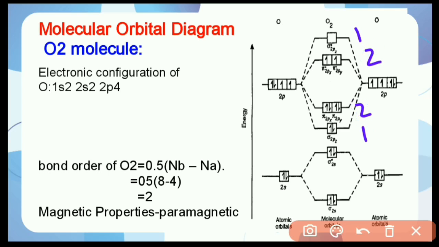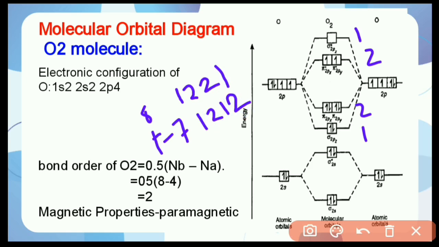So from atomic number 8 and above, the p orbital arrangement is 2 1 2 2 1, and below atomic number 8, from 1 to 7, the p orbital arrangement is 1 to 1 alternate.